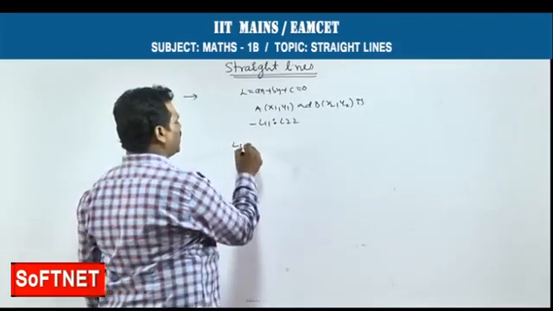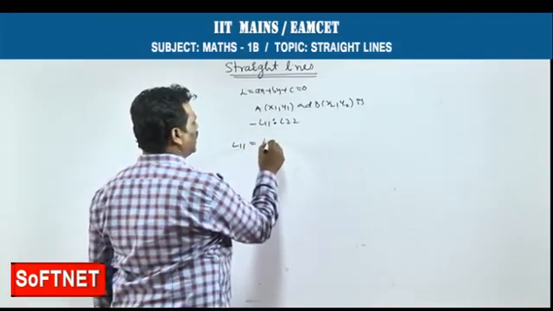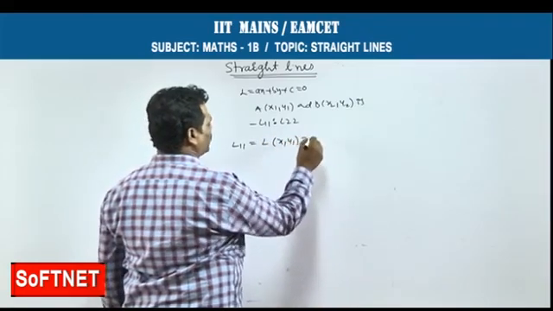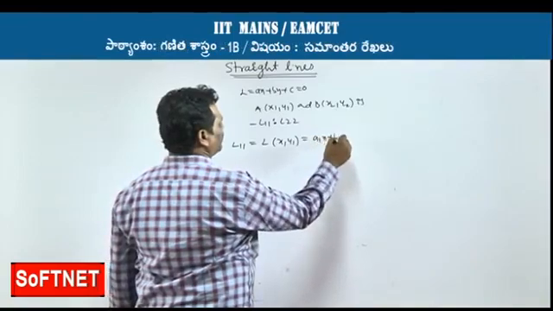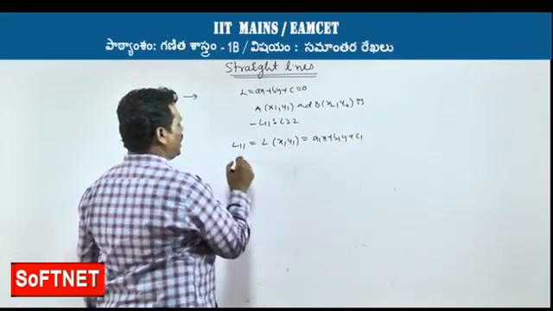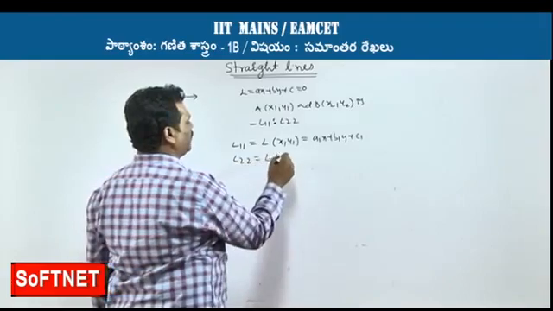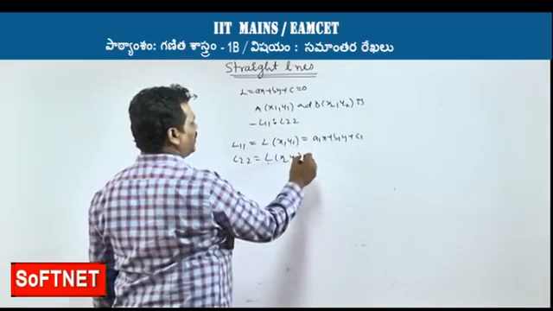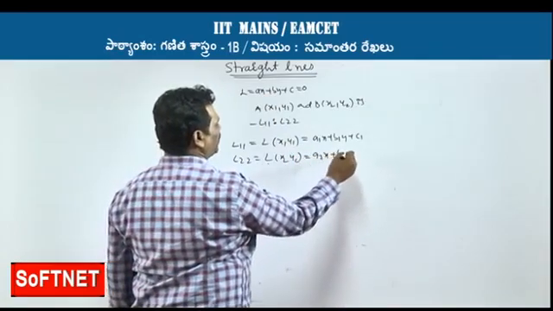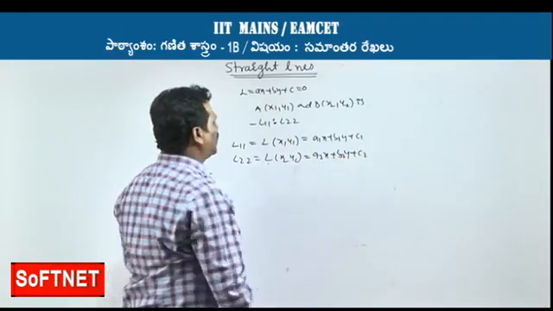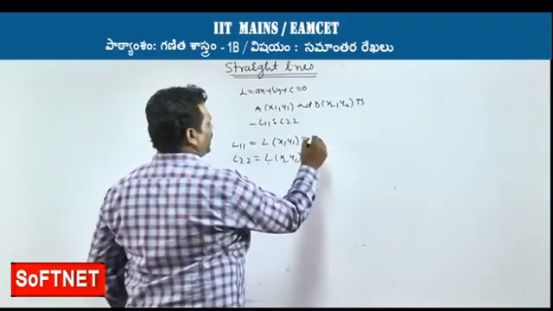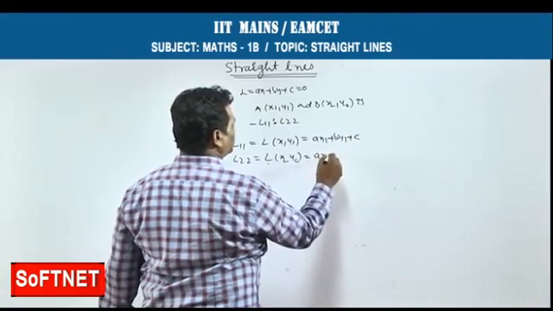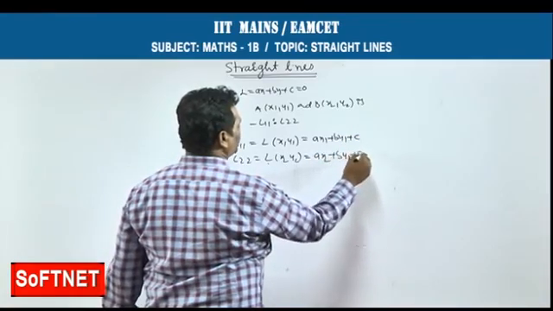L11 is L of x1 y1, that is a x1 plus b y1 plus c, and L22 is L of x2 y2, that is substituting x2 y2 in the equation L, we get a x2 plus b y2 plus c.